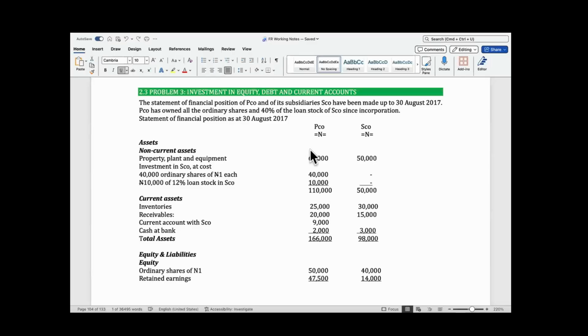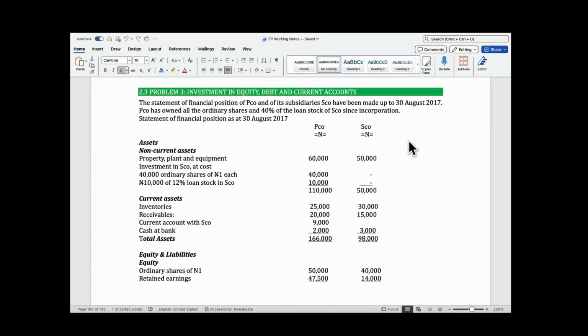Yes, sir. All right. Let's read the third one. The statements of financial position of PICO and of its subsidiary, SICO, have been made up to 30th August 2017. PICO has owned all the ordinary shares and 40% of the loan stock of SICO since incorporation.